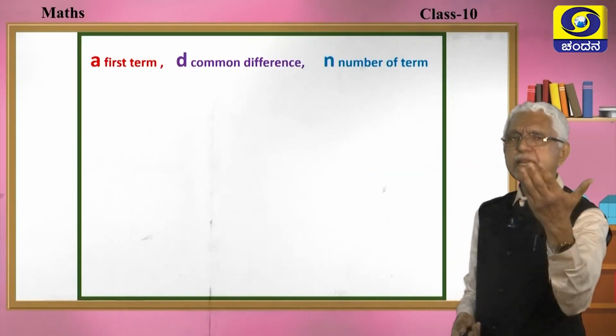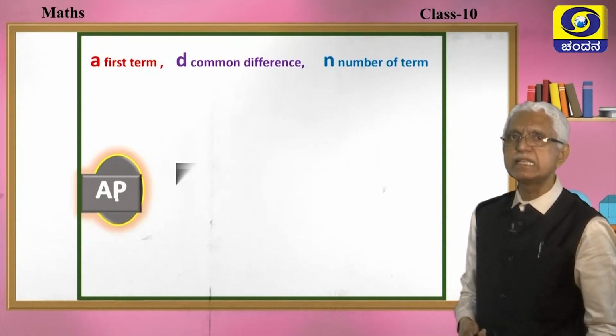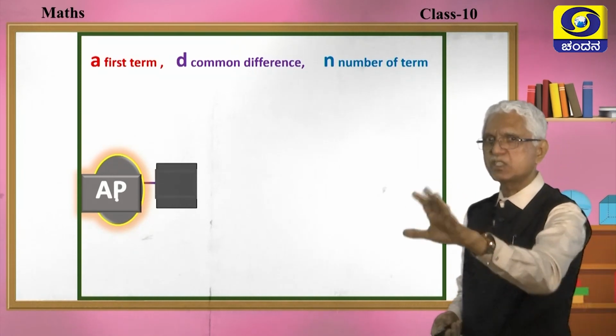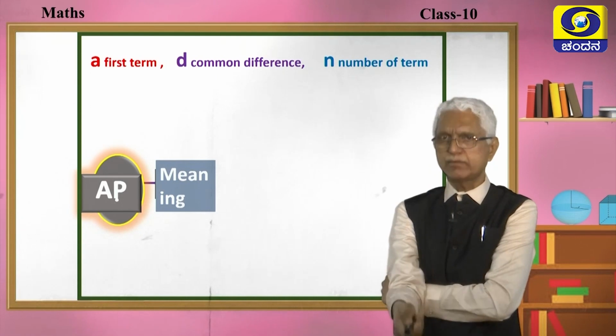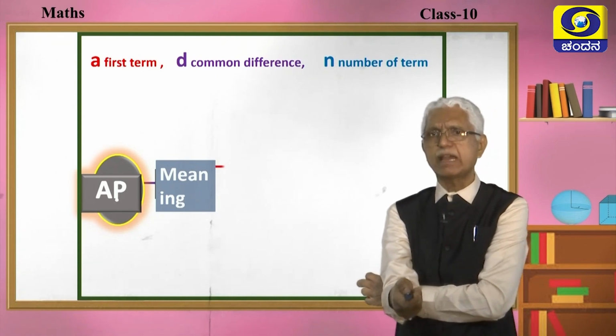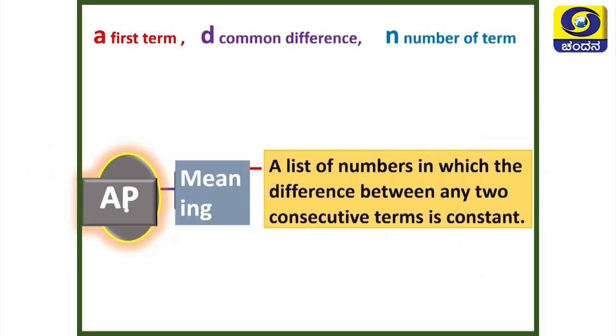Summarizing, in any AP, A is the first term, D is the common difference, N is the number of terms. Okay, this is just the summary. So, arithmetic progression meaning, we will just recall once again whatever we have defined, right. One definition is a list of numbers in which the difference between any two consecutive terms is constant, correct.